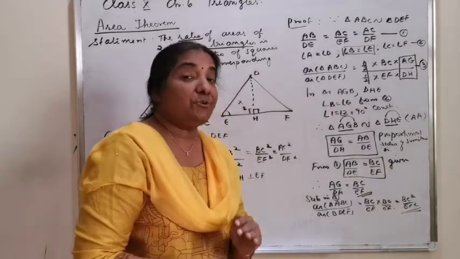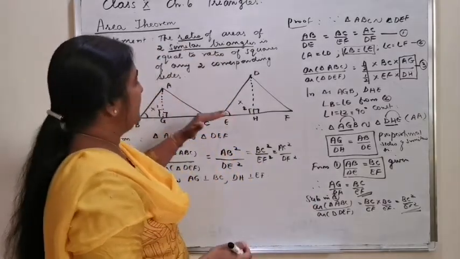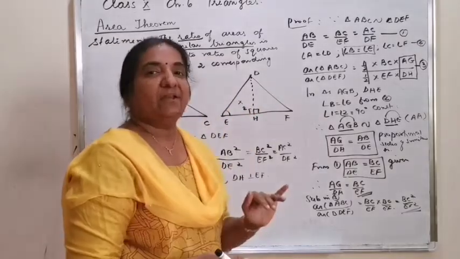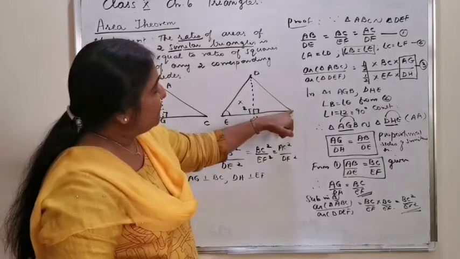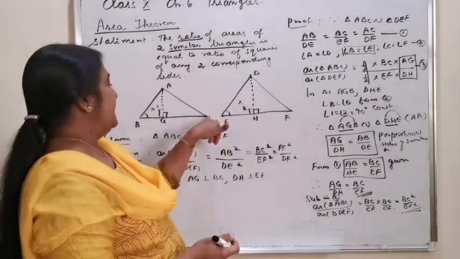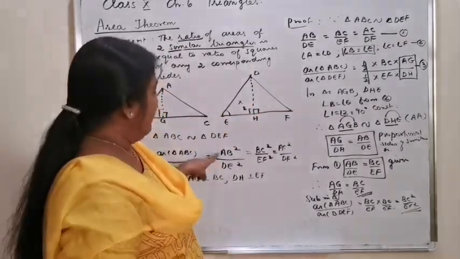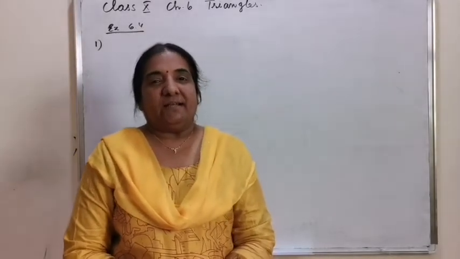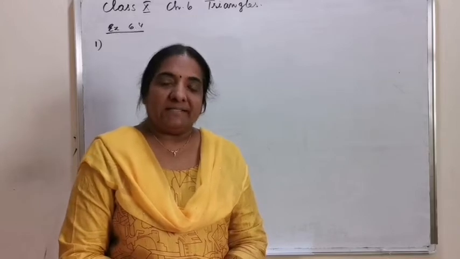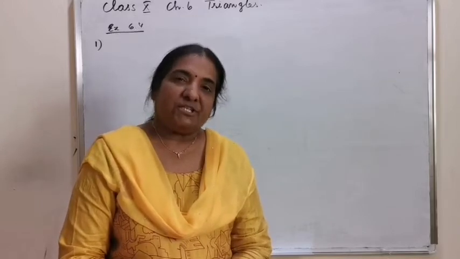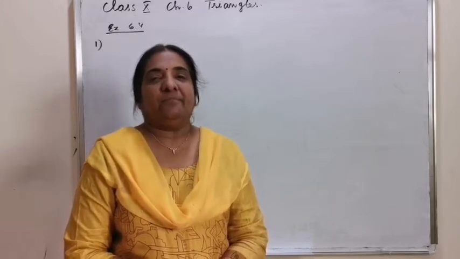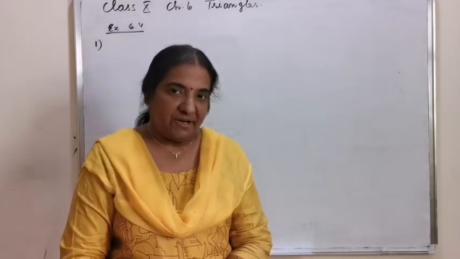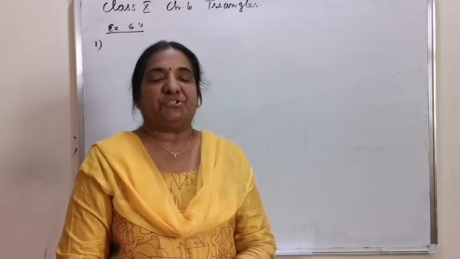Similarly, if the altitude is drawn to the sides AC, DF, we can prove it as AC square by DF square, or if the altitude is drawn from the vertex F to the opposite side and C to the opposite side, it will be proved as such. Exercise 6.4 is based on the area theorem, and for application of the basic proportionality theorem, we were taking a triangle and a line parallel to the base of the triangle, and we were applying the ratios.